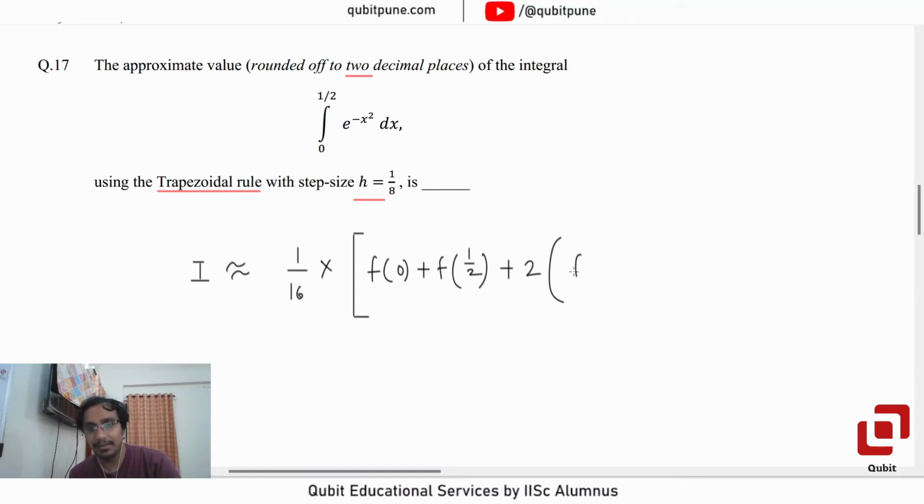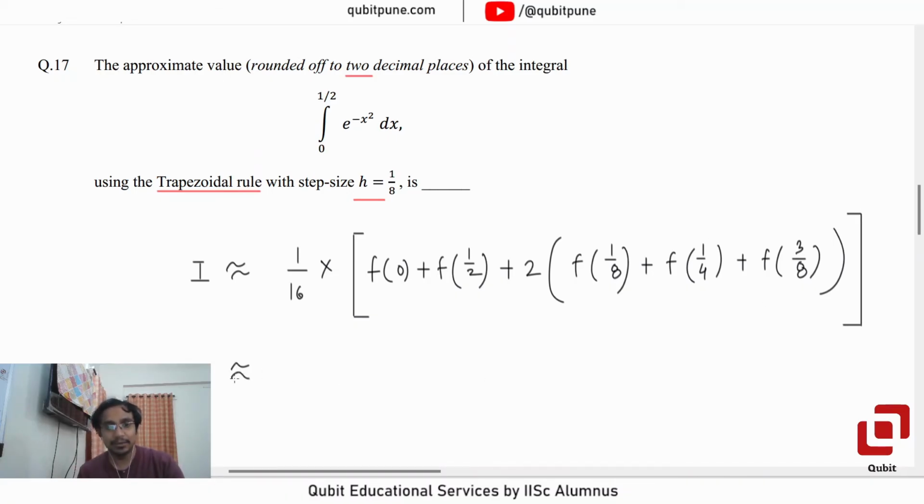So first it will be 1 upon 8, then it would be 2 upon 8 or 1 upon 4, then it would be 3 upon 8. Don't write 4 upon 8 because 4 upon 8 is 1 upon 2. So that's what we need to find.